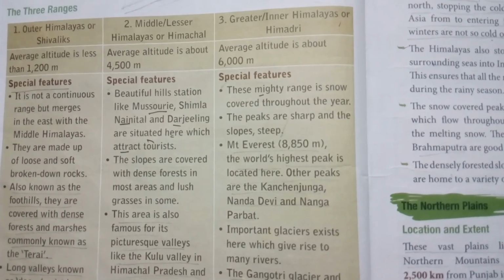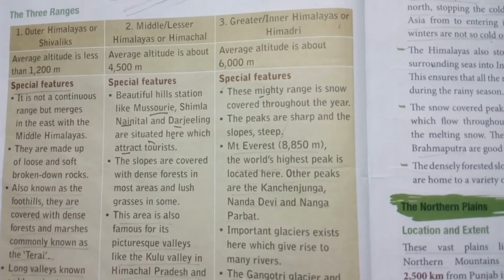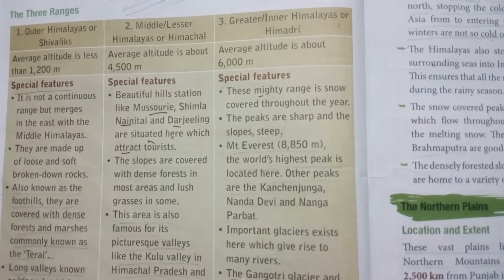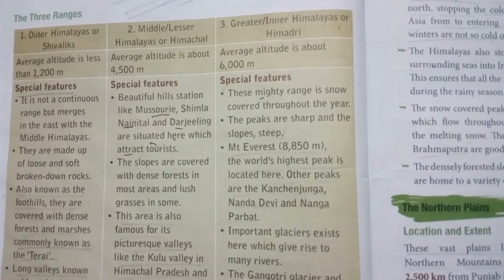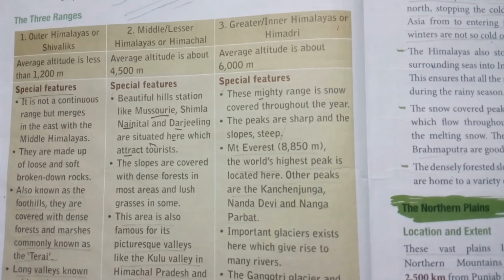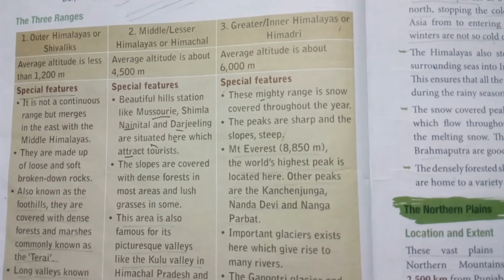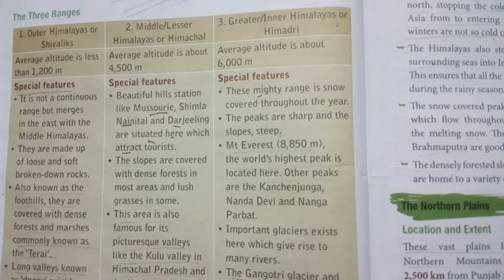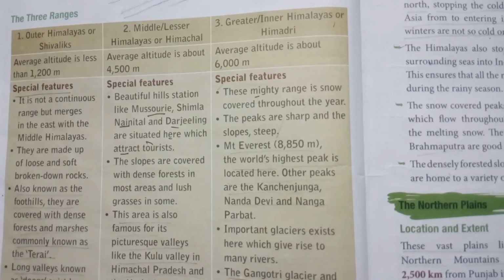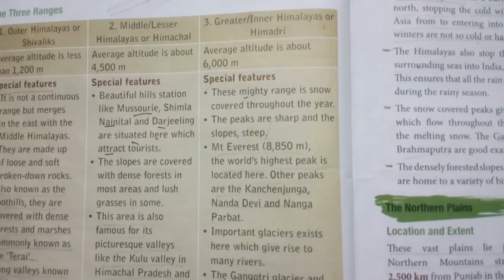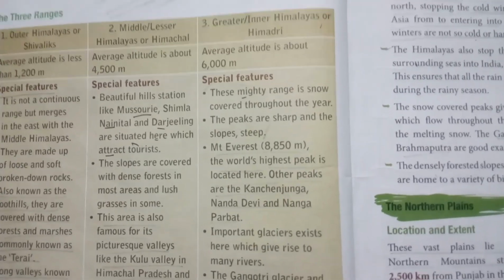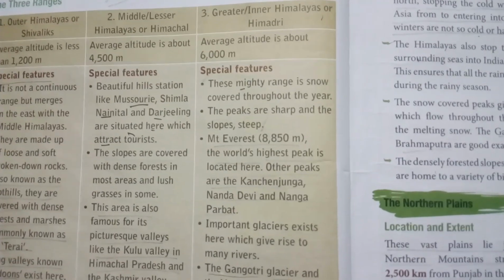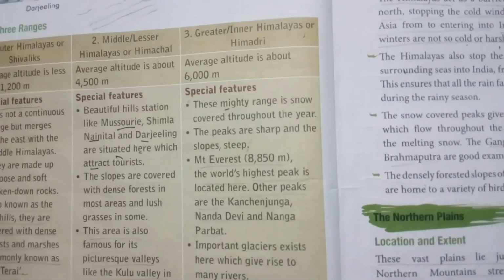The outer and middle Himalayas are not covered with snow, but only the Himadri, the greater Himalayas, is covered with snow throughout the year.